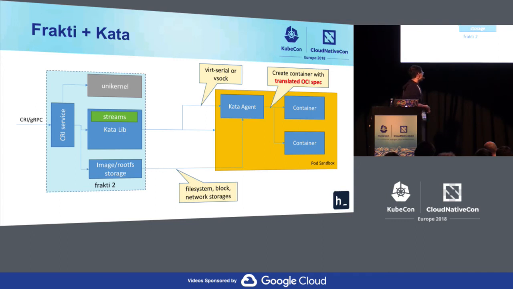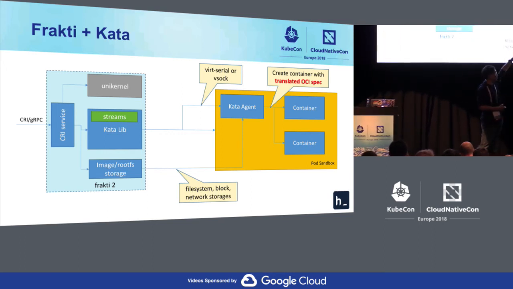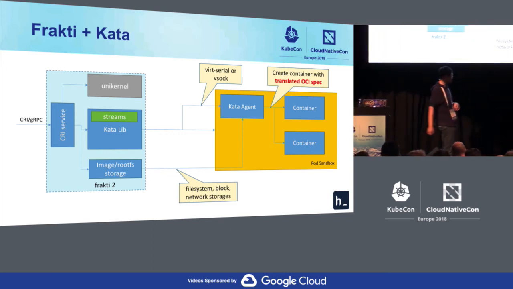So not only with file system sharing, we can also use block devices or network storage for the container root FS and other volumes. That makes it flexible. And at the end, we also pass the translated OCI spec into the VM to create the containers inside the VMs.